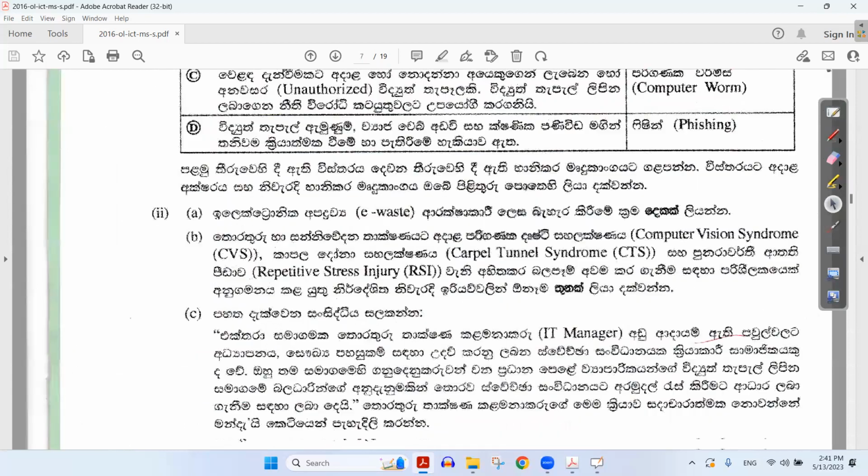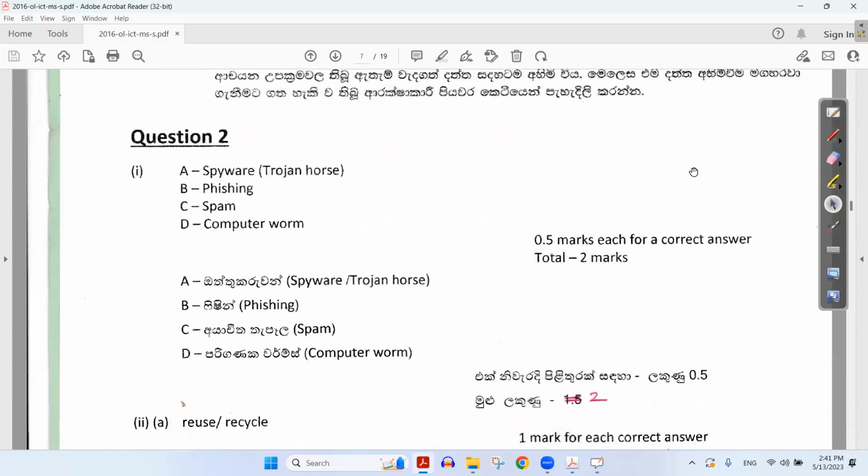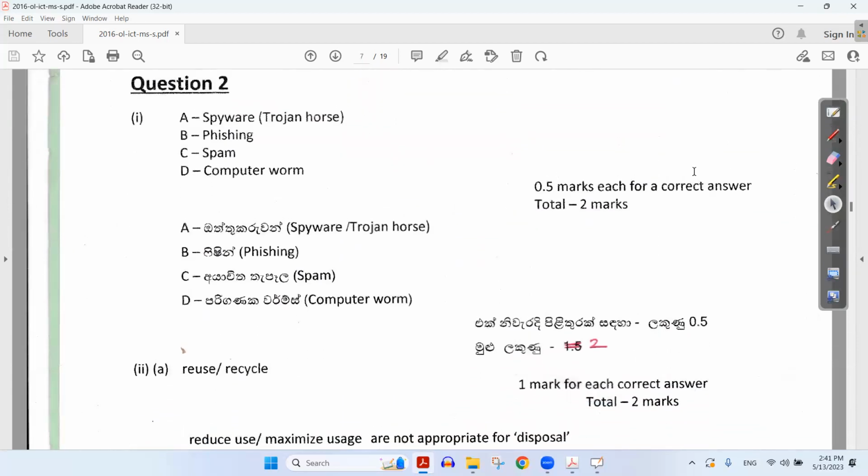Yes. So this is the way they have given you the answers. For A, it's spyware. B, it's phishing. C, it's spam. And D, it's computer worms. So 2 marks if you got it correctly.